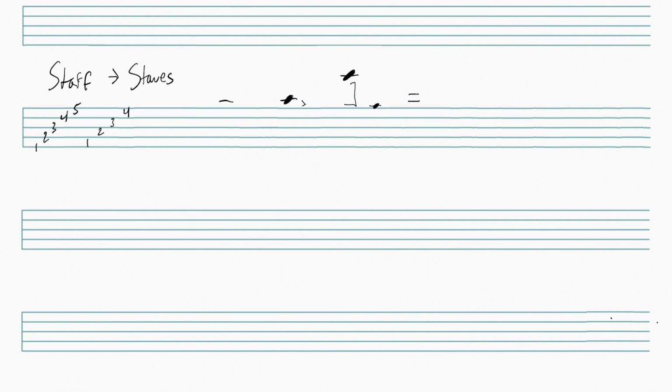So if I needed a 2 ledger line note above the staff, the second ledger line above the staff, I would draw that. I would not draw this, even though the distance is the same. Again, when the performer's reading this, they're going to read 1 ledger line, and that's going to cause an incorrect note to be interpreted. Also, just like on the staff, you have spaces between ledger lines.